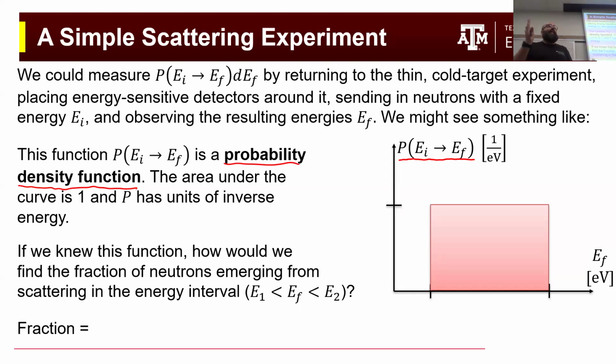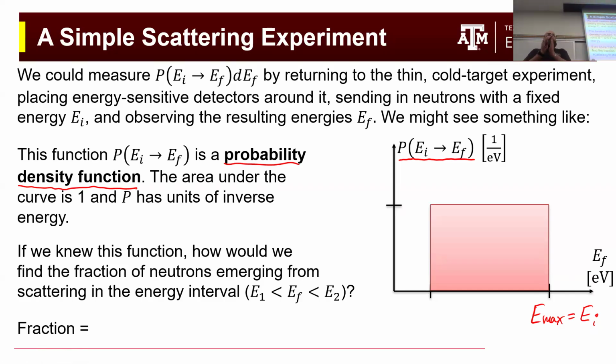So the neutron can't gain any energy in a collision with a cold target, and the maximum energy is just the initial energy EI.